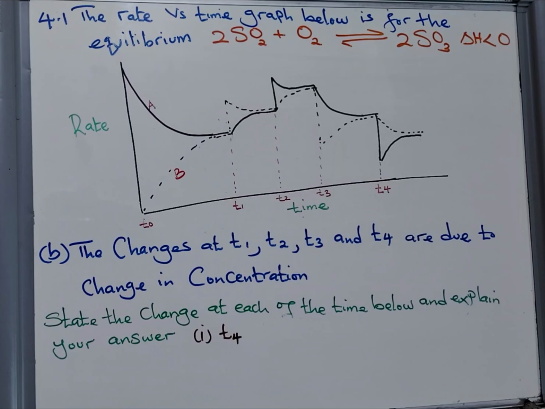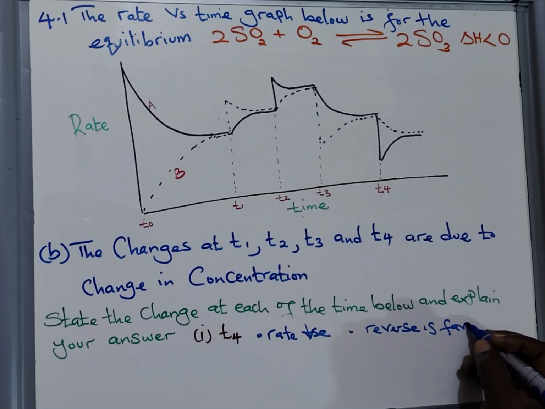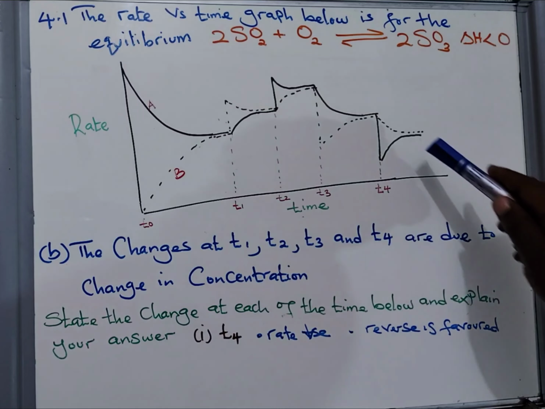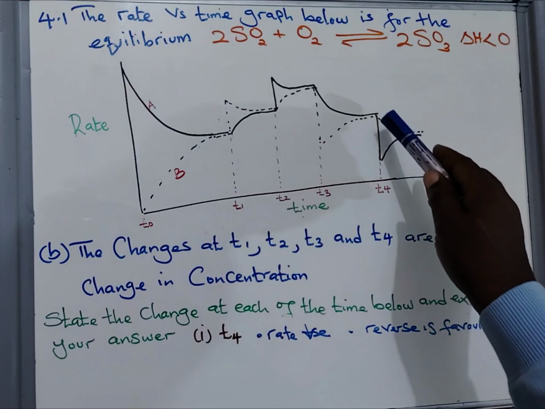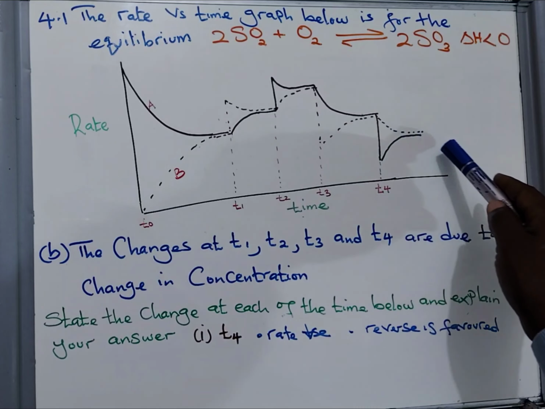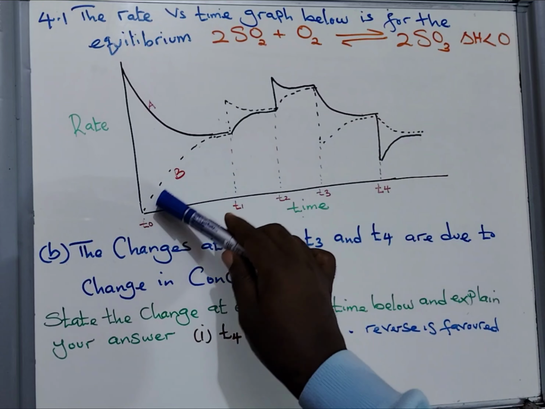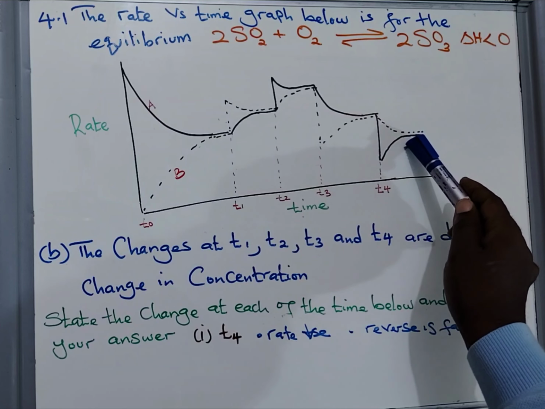And two, reverse is favored. We need to emphasize something here. What is favored is the one on top. So when you see dotted, and dotted is the reverse, so reverse is the one which is favored.